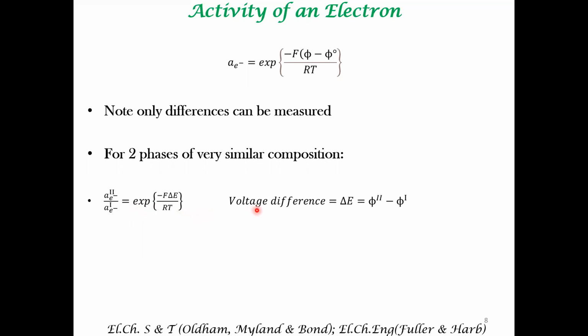Okay, so supposing I make a voltage measurement between these two electrodes, with such a voltage difference, I can discuss the ratio of the activity of the electrons in the two electrodes. Okay, so here I emphasize that both the electrodes have same or very similar composition.